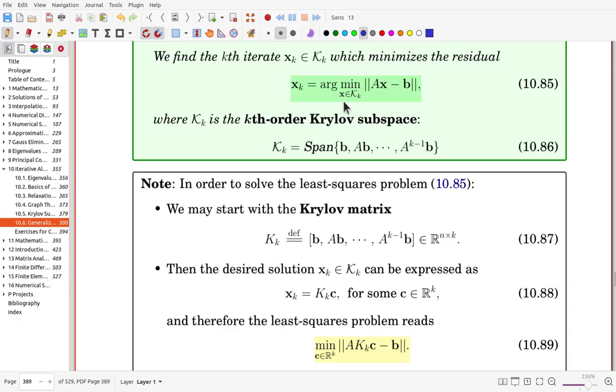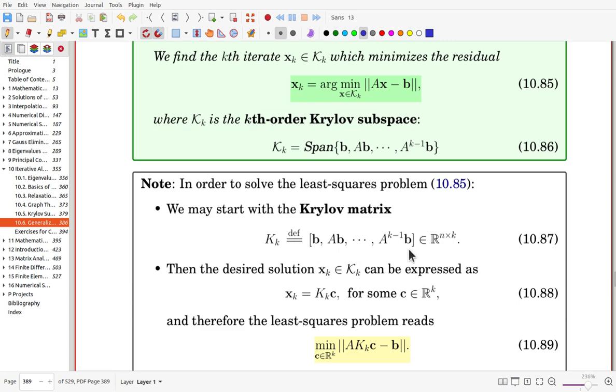Then, once we've found xk, it must be a linear combination of these columns, because it must be inside the space.